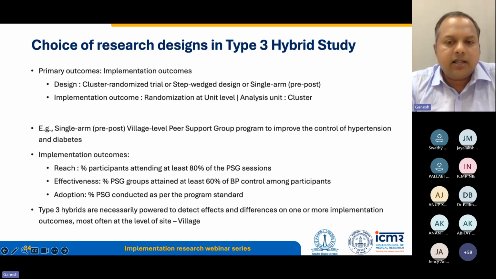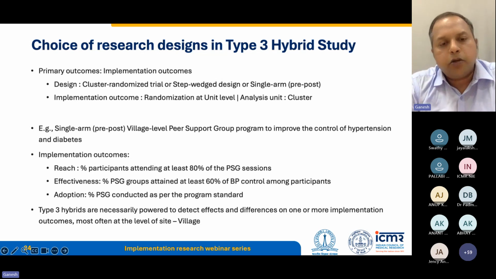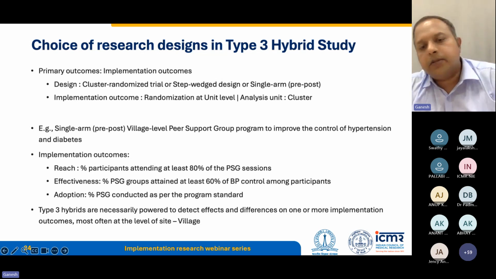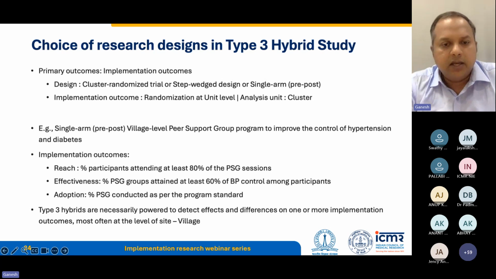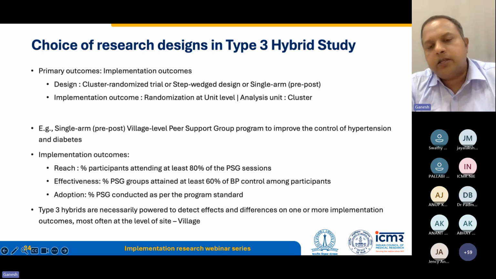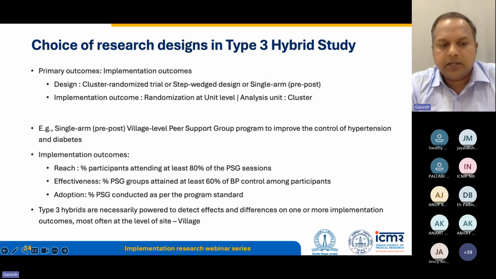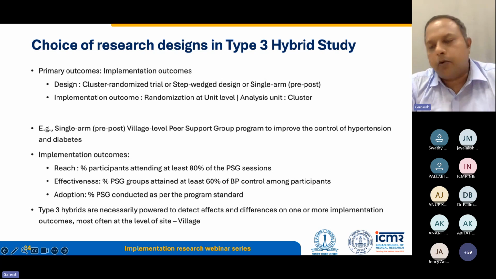And here in this example, a community-based intervention, the implementation outcomes are the reach, which is the proportion of participants attending at least 80% of peer support group sessions. It's quantitative. The effectiveness is the proportion of peer support groups attaining at least 60% blood pressure control among participants. And the adoption is the proportion of peer support groups conducted as per the program standard.